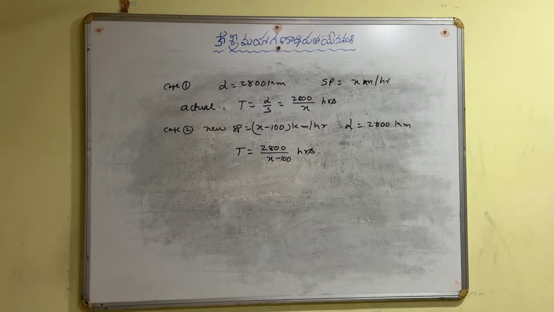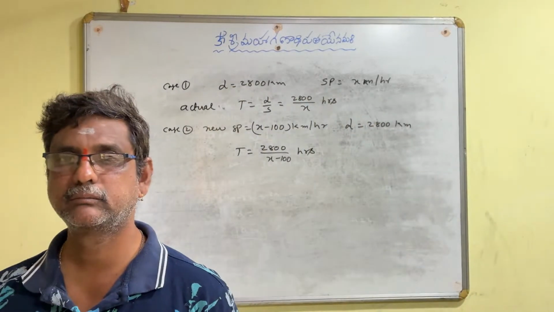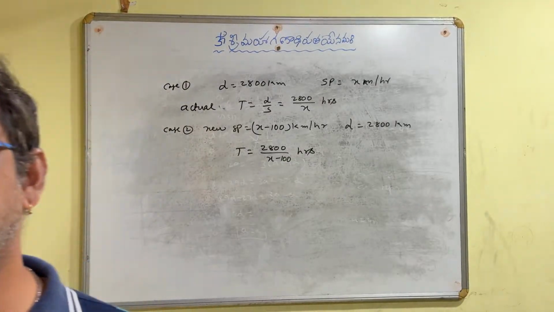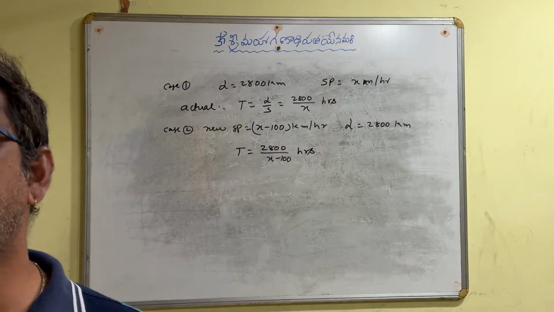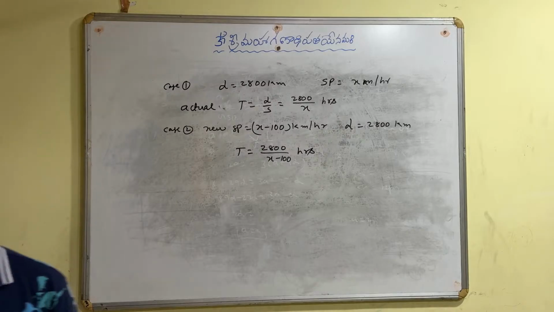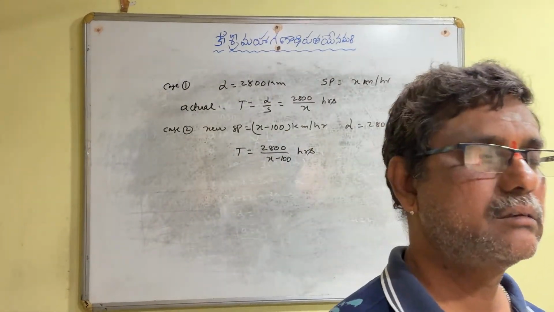First case or second case? Case 2. Yeah, very good. Because in case 2, speed decreased. When speed decreases, journey time increases.